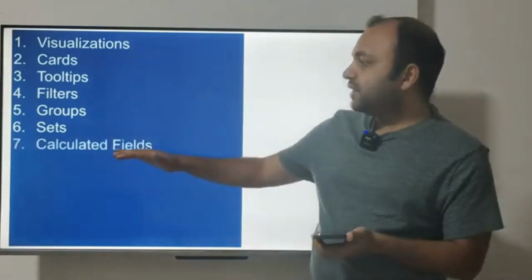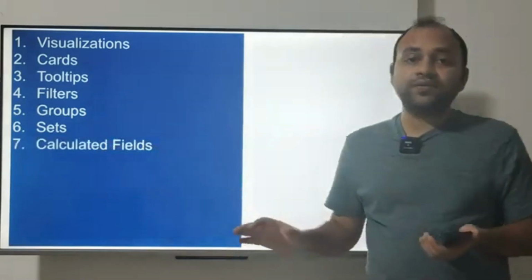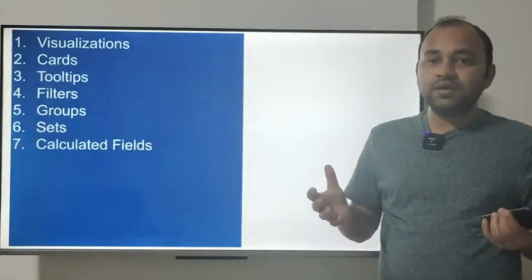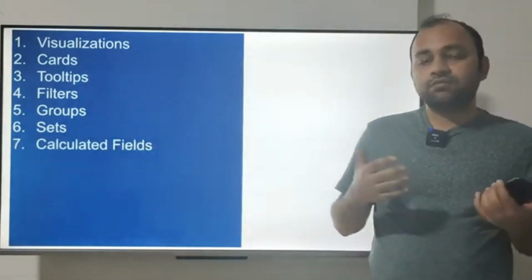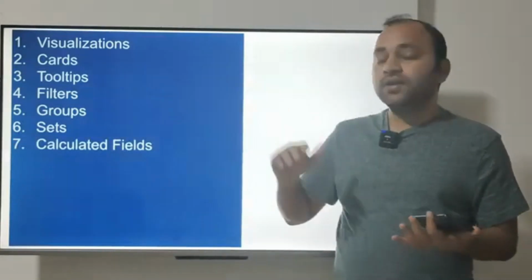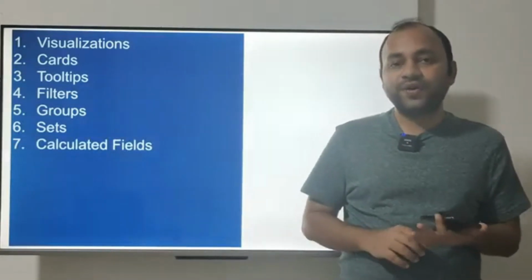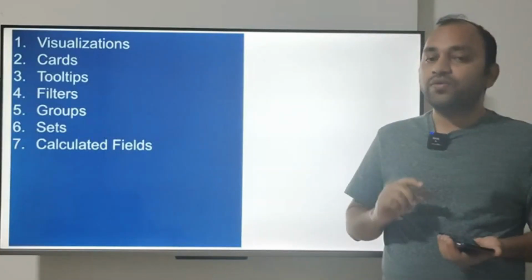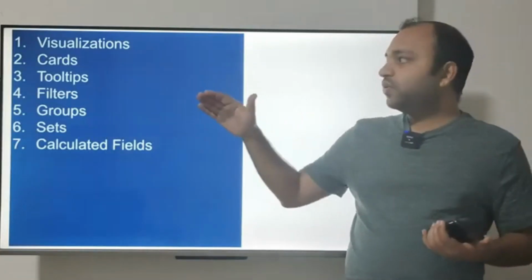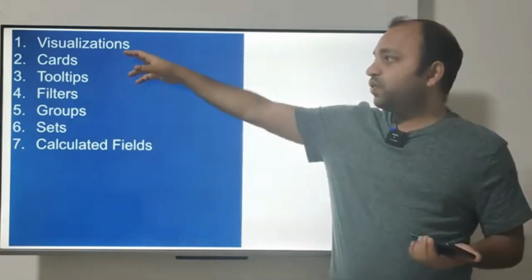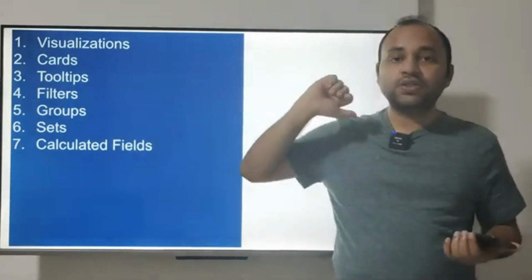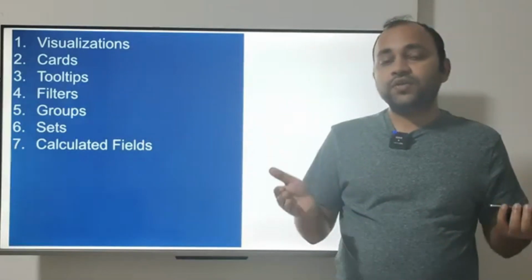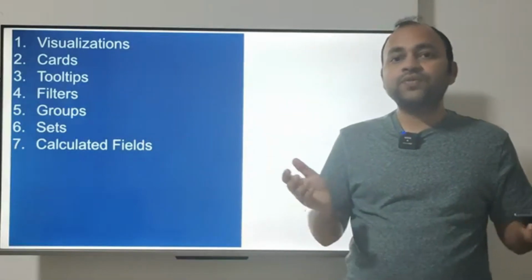Now next is the calculated fields. Calculated fields is something which is, I would say, again, like other things, always a part of a dashboard, because not everything comes in a ready state. For example, within the Tableau data set which I explained in the visualization section, which is a sample superstore, you have sales and profit.